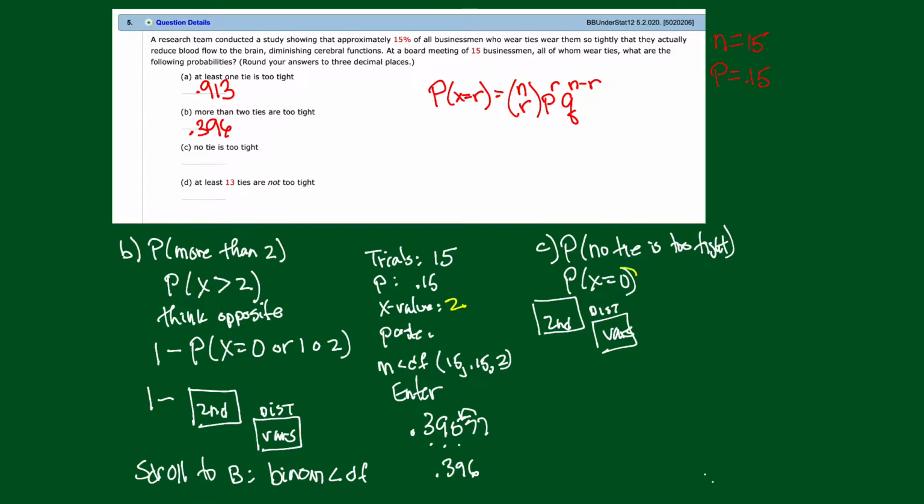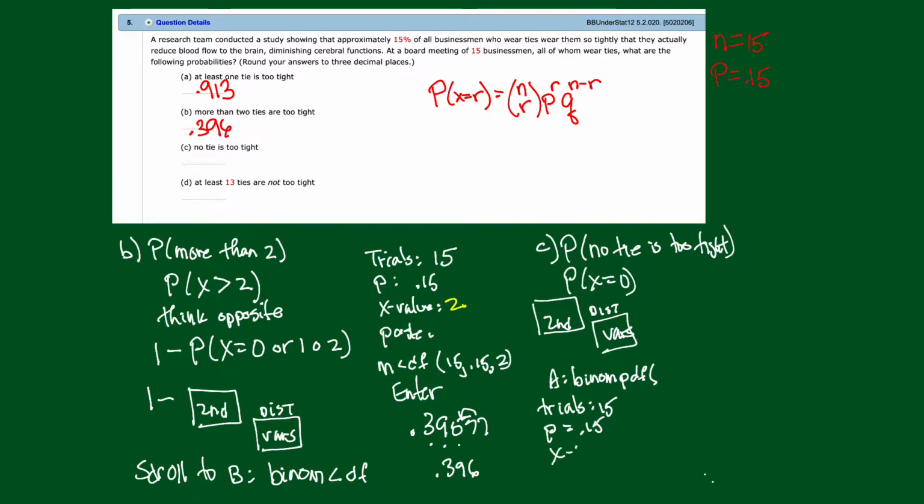And now we want PDF. We want P because I've got precisely one value right there. So scroll down to A, and A is binom PDF. We press enter, and then we get trials, 15. P, still 0.15.